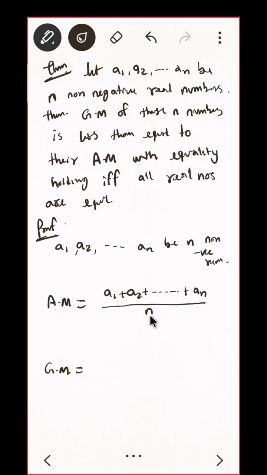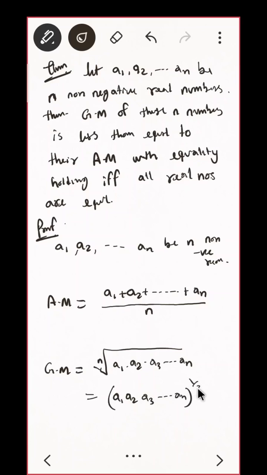Perfect, very nice. This is your arithmetic mean. What is geometric mean? Can you similarly think of it? Perfect, very nice. Nth root. Nth root is, here we write n, of a1 into a2 into a3 up to an. That is same as a1, a2, a3 up to an raised to 1 by n. Is that same? Both are the same thing. So do you agree?